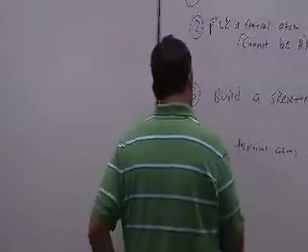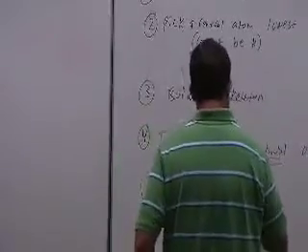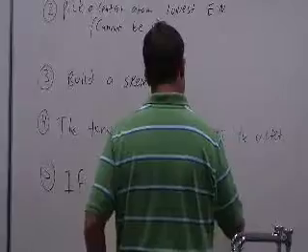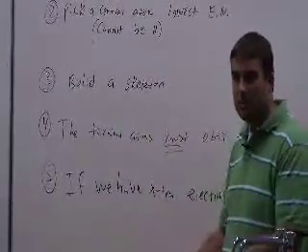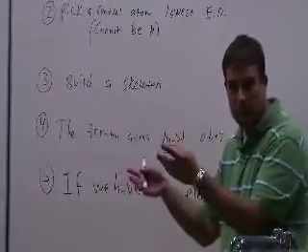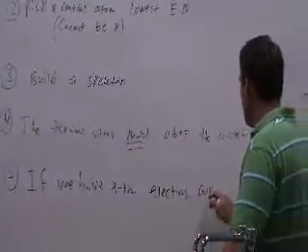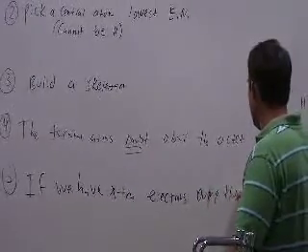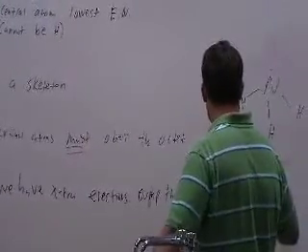There's a couple more rules. The fifth rule says, if we have extra electrons, which we don't here, because this is a very simple example to get your feet wet, we dump those on the central atom.